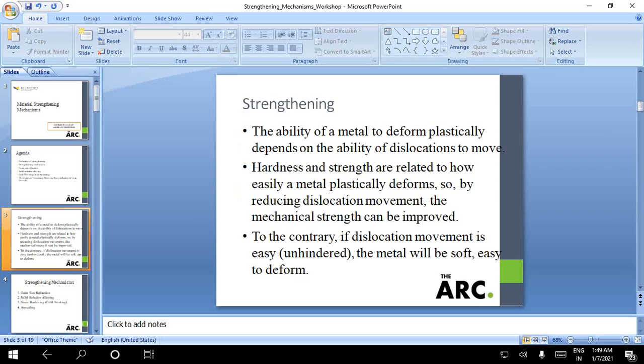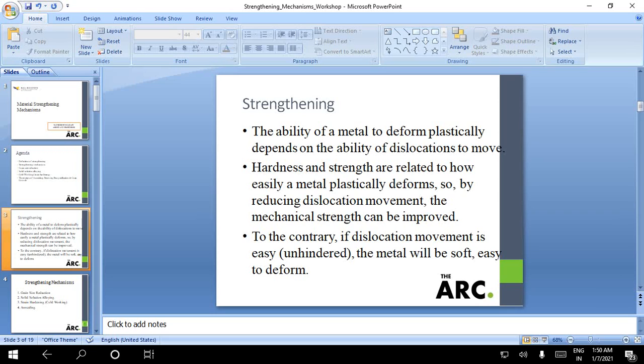Strengthening is nothing but the ability of a metal to deform plastically. It depends upon the ability of dislocations to move. Normally when a material is deformed plastically, the strength of the material is going to vary.